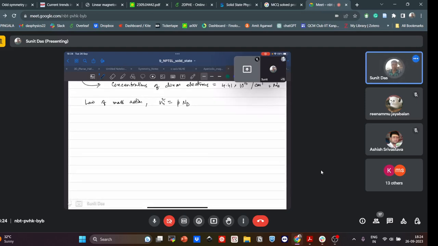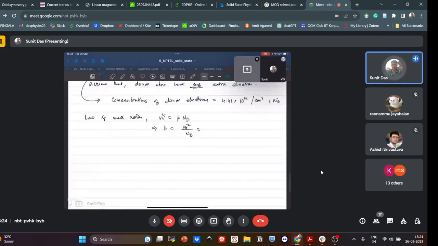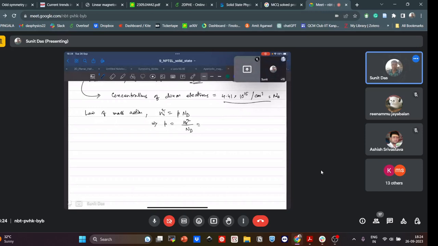So from this expression we can actually find the concentration of holes, Ni square by Nd. Ni square we already know, Ni is given, and Nd we also know.